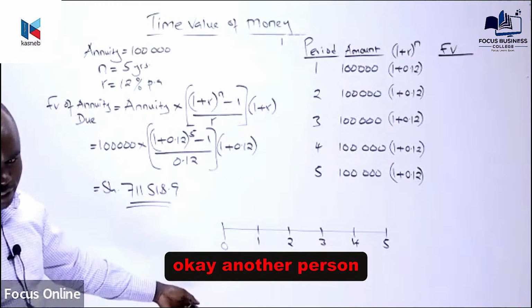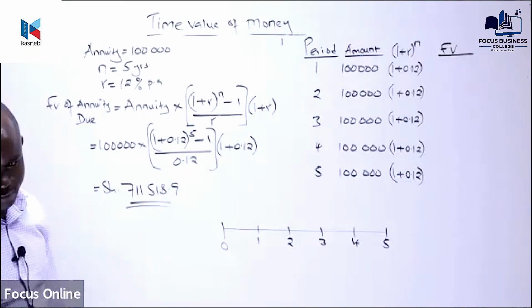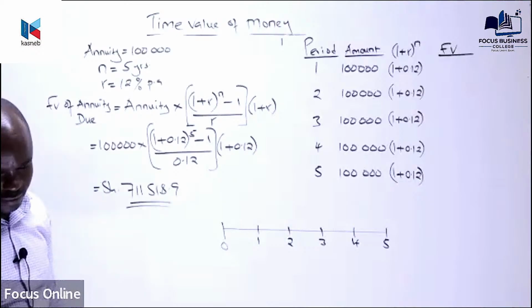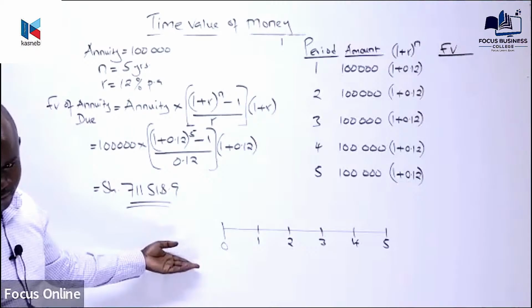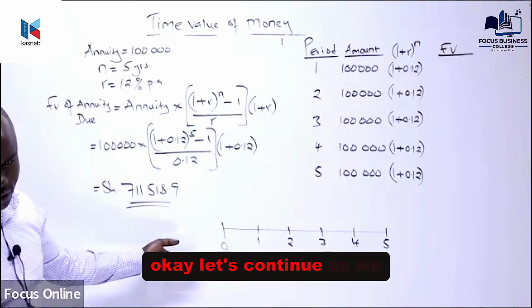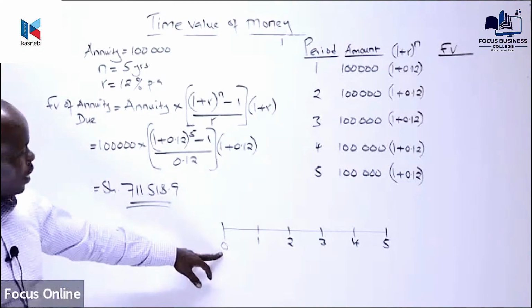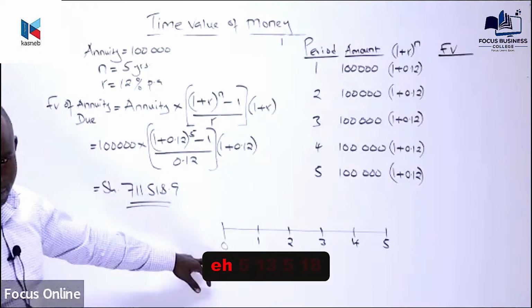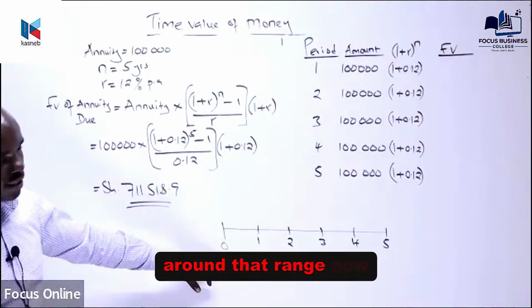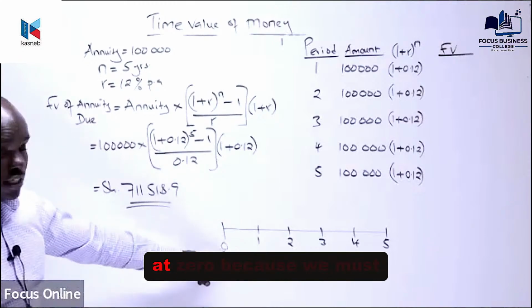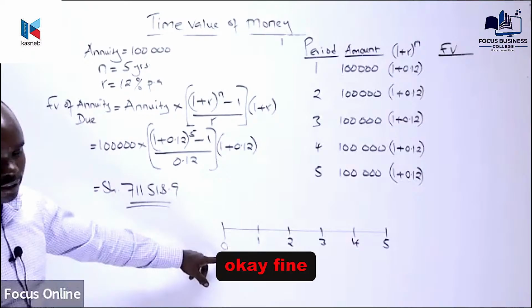Okay. Another person? A third person? Okay, let's continue as we wait. 513, 518, around that range. Let's go with 518.